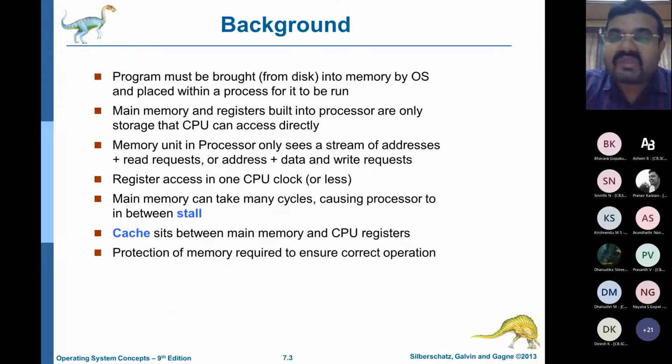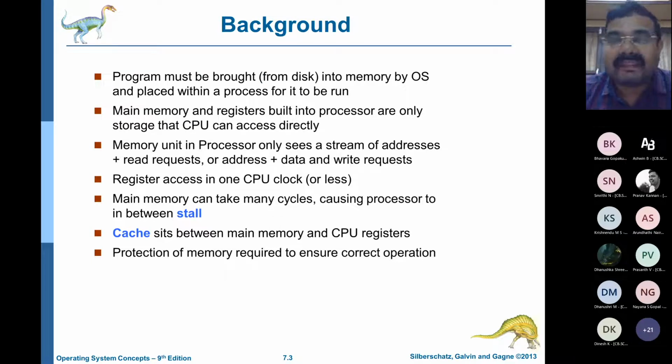If the processor has to execute any instruction, it has to be brought into the main memory inside the processor, where there are also CPU registers. So if the processor has to use certain things, it has to come to the main memory inside the processor and the CPU registers.